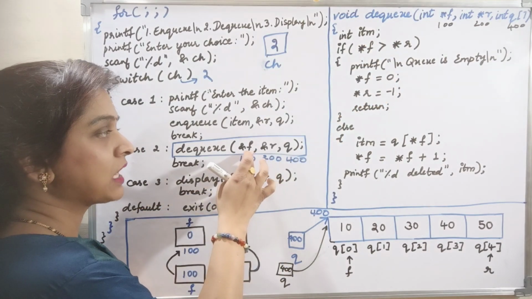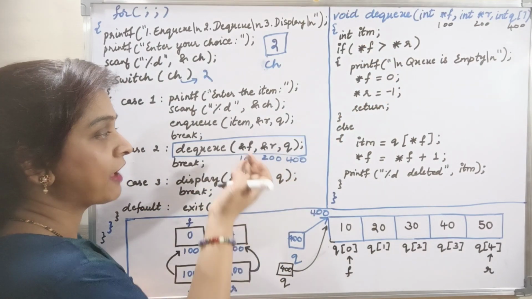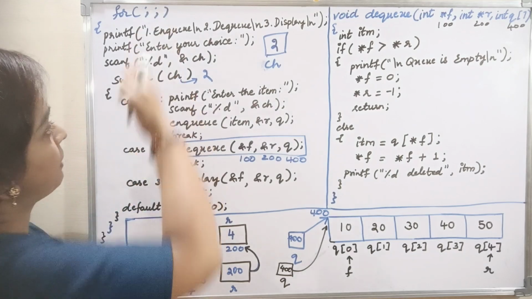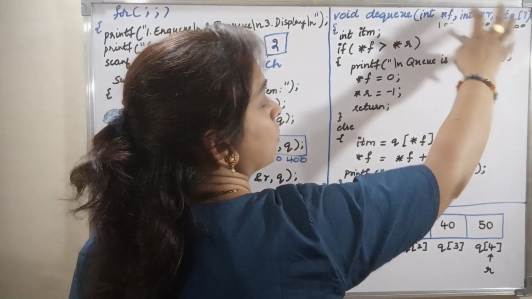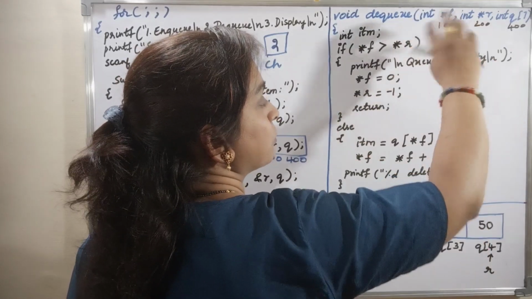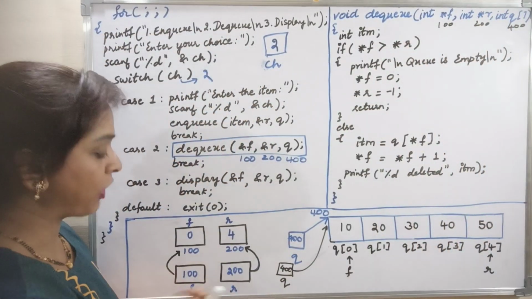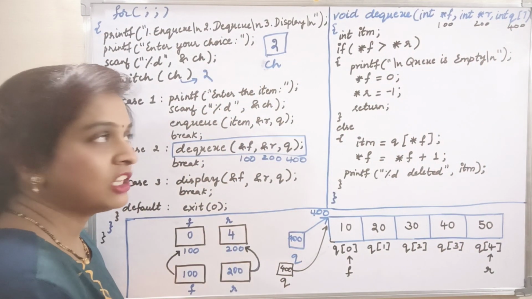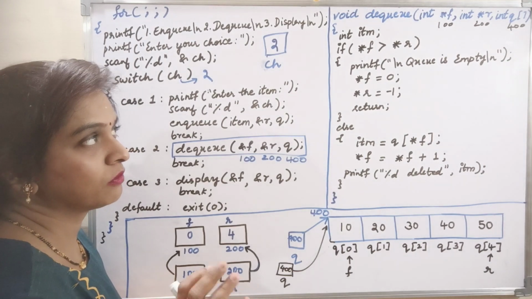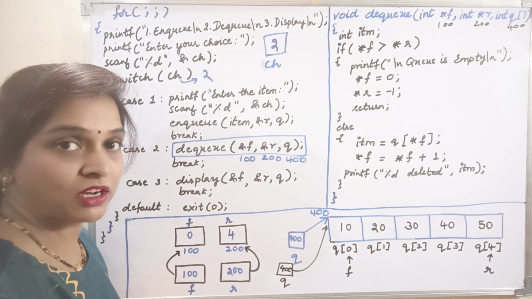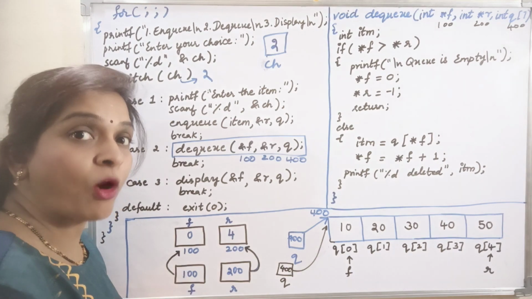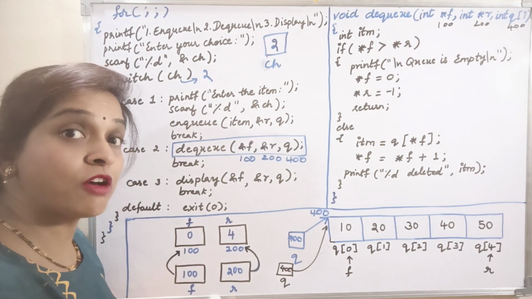Here also we have the same names, f and r. Don't get confused. F and r are local to this sub-function; this is the main function that we have written, and f and r are local to the sub-function. So we have different memory locations actually. In fact, a pointer variable will also have its own address, but we need not worry about it. As it is a pointer variable, it will hold the address of another variable.